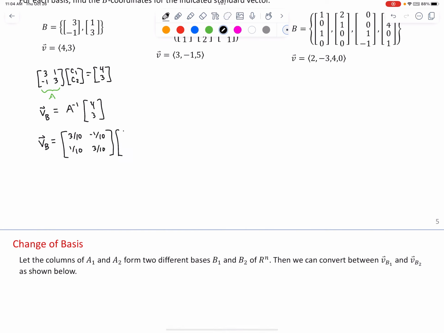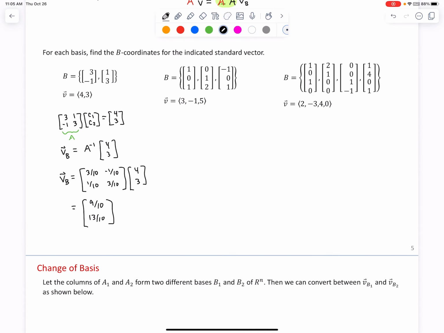Multiply this by 4, 3, and we get 12/10 minus 3/10, that's 9/10, and 4/10 plus 9/10, that's 13/10. And this, of course, is the same result when I did it the first method by using a reduced row echelon form of an augmented matrix.